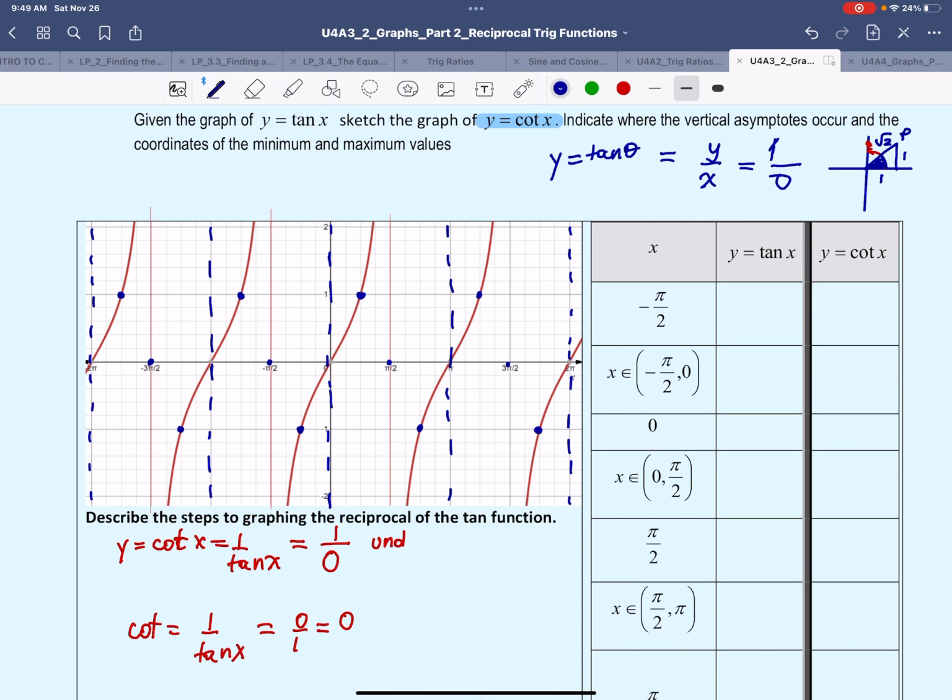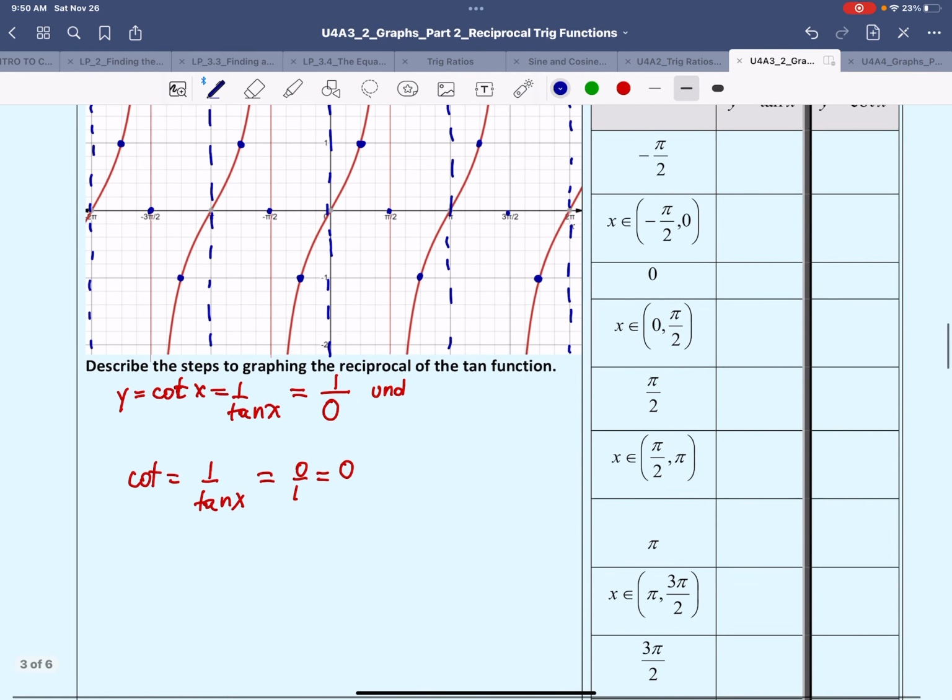So we'll mark all these points. Now we are going to shape the graph of cotan. This will be fairly easy for cotan because the tan function, as you notice here, is always increasing. So what that tells us for the cotan is that cotan will be calculated as the reciprocal of an increasing value.